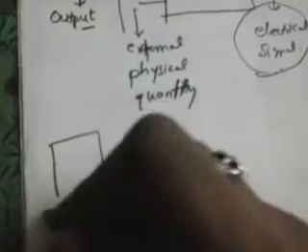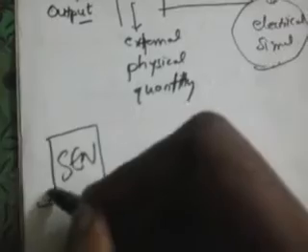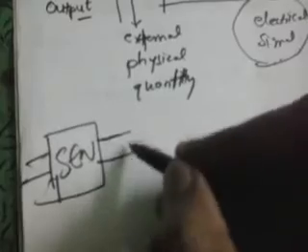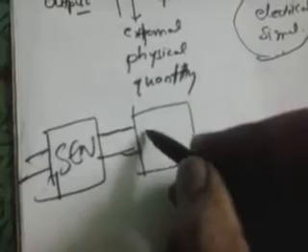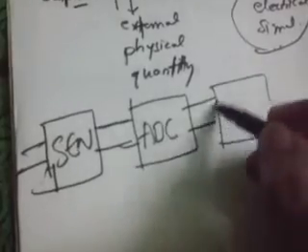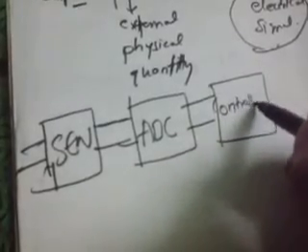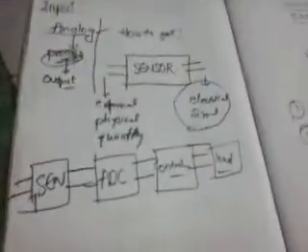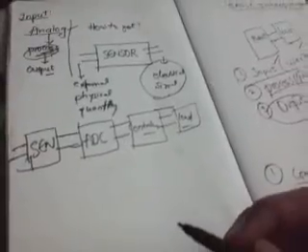This is the sensor, this is the input signal I am giving, and this is the output signal from the sensor, which is the electrical signal. This electrical signal, which is in analog form, is given to an ADC converter, and the ADC converter is given to the controlling element. This controlling element produces corresponding outputs to drive the load. That's the basic block diagram for any controlling system that we need to use in real-time applications.